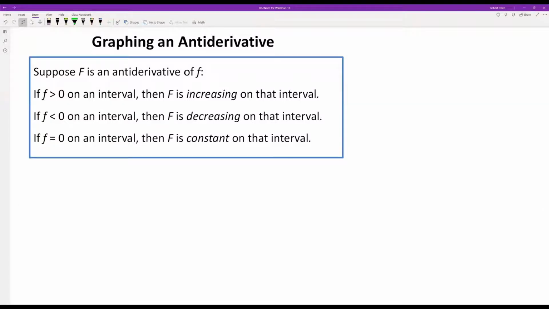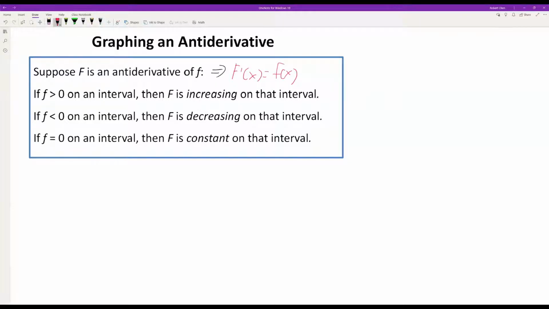All right, next let's look at how to graph an antiderivative. Suppose capital F is an antiderivative of lowercase f. That is, if capital F prime of x is equal to lowercase f of x, right? So if lowercase f is positive on the interval, then capital F is increasing. If lowercase f is negative, then capital F is decreasing.